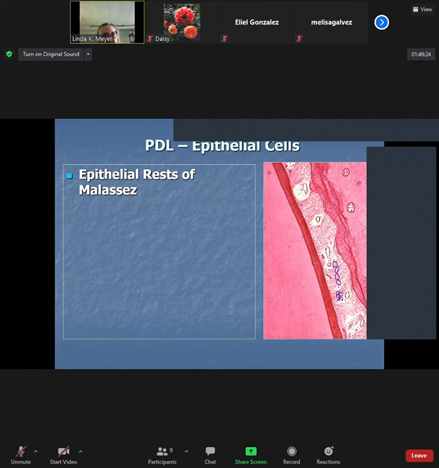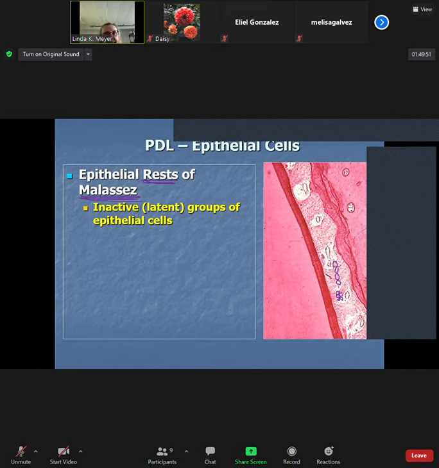These are groups of cells left over from root development. They're called rests because they are inactive cells. They usually don't keep replicating and form extensive areas of epithelial tissue. They're called the rests of Malassez, named after a French doctor who first studied them.